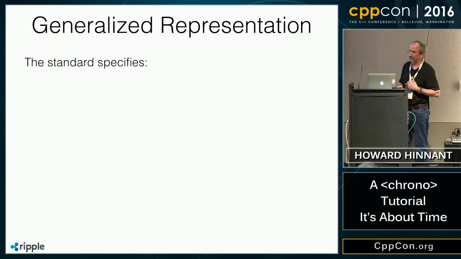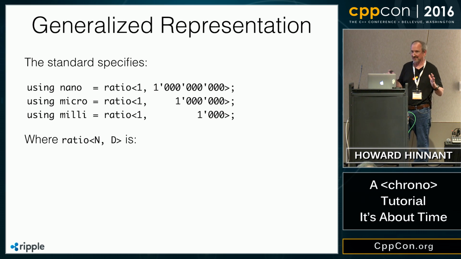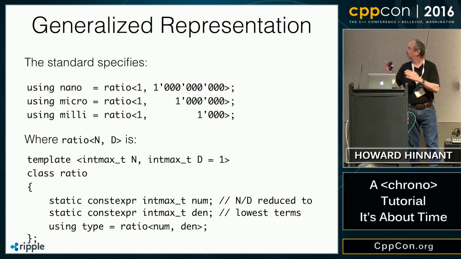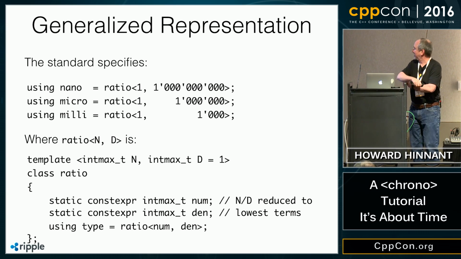So let's look a little bit more at what ratio is, so that's not such a big mystery. Ratio is a compile time fraction. That's all it is. It's a template. It takes two signed integrals representing the numerator and denominator, and it has constexpr members, numerator and denominator, abbreviated num and den.